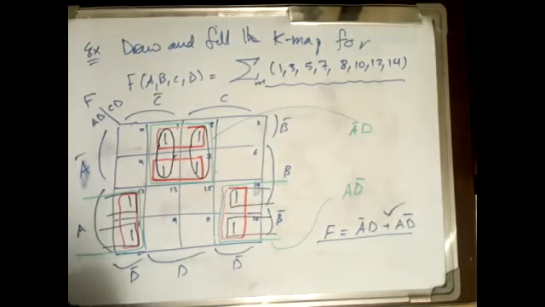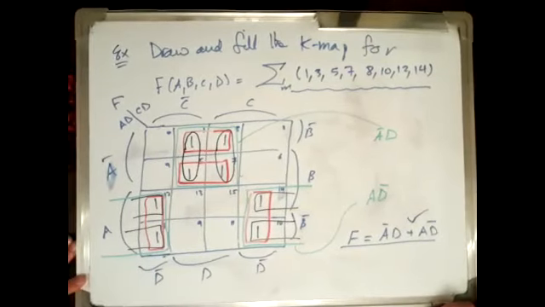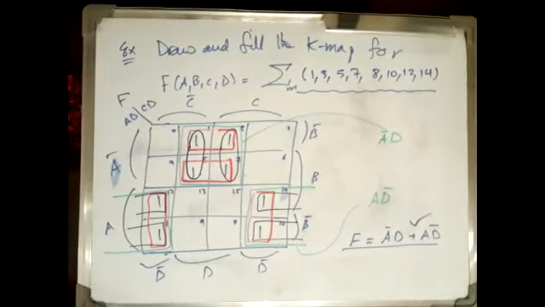Okay, so this is the case for the four variable K-map. Now in the slides, it shows you the structure of the 5 variable case.